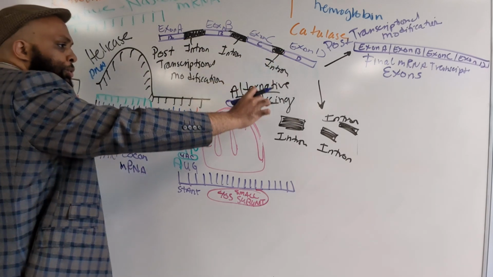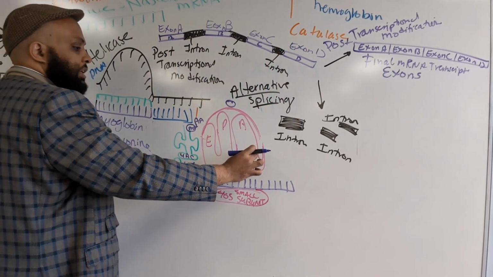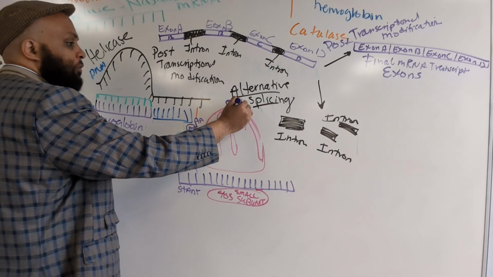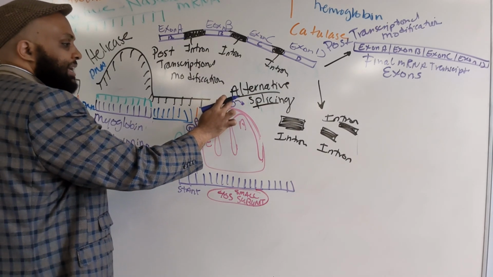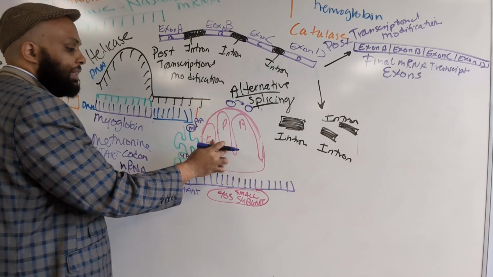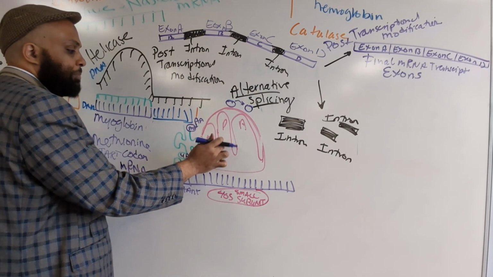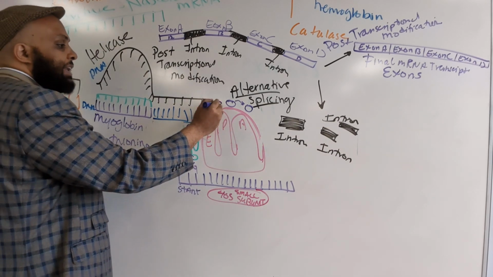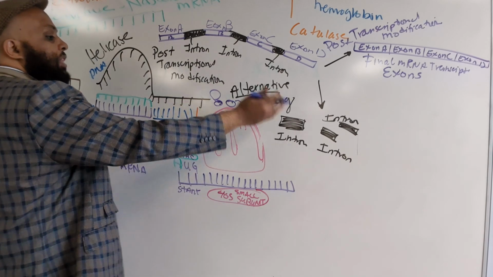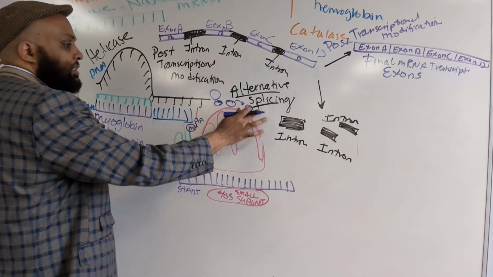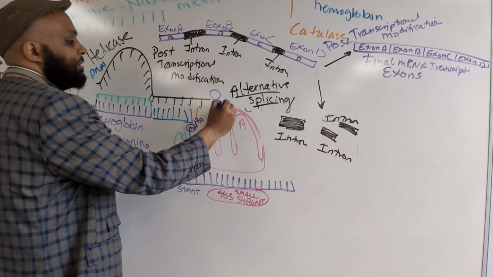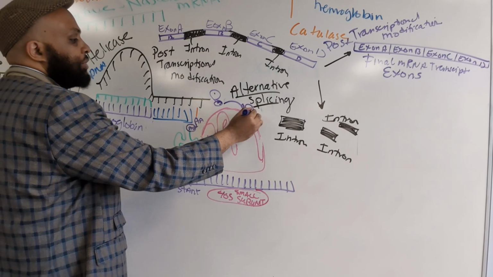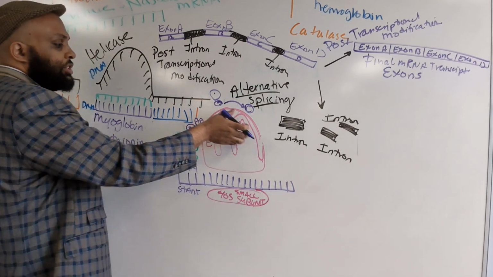Then a new tRNA is going to enter with its amino acid, and there will be a shift of amino acids from the P site to the A site. Then the transfer RNA that was in the P site is going to exit, and the one that was in the A site is going to shift to the P site, and now it has 2 amino acids. A third transfer RNA is going to enter, connecting the 2 previous amino acids to the third amino acid, and another shift will happen.